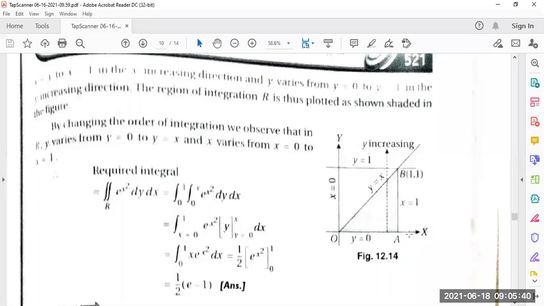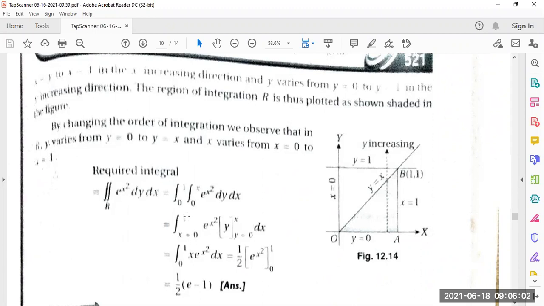With the direction of x, y varies from 0 to x. The required integral is the double integral over R of e to the power x squared dy dx, which can be written as integration 0 to 1, 0 to x, e to the power x squared dy dx. At first we integrate with respect to dy.